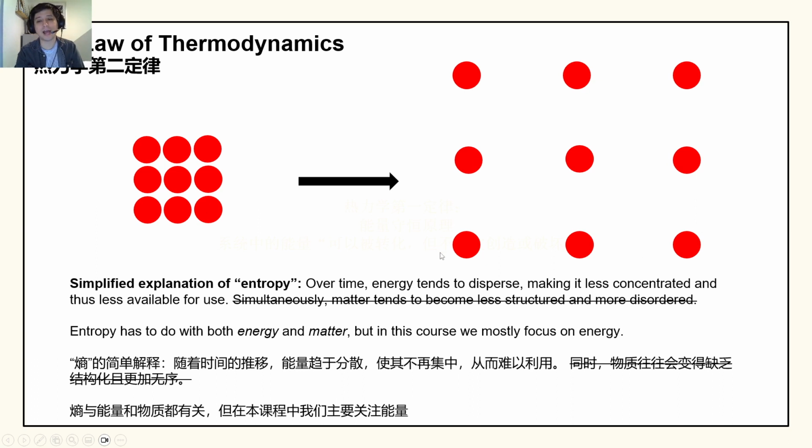The more spread out it is, the less usable it is. Okay? So what this second law of thermodynamics is saying is that energy over time will start out more like the left and then spread out and become like the right. It goes from a workable and usable state to an unusable state. Okay?